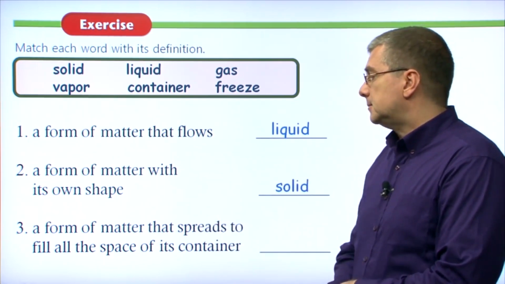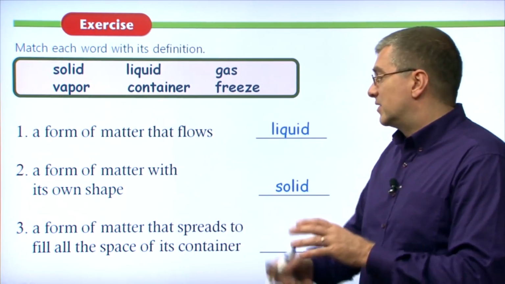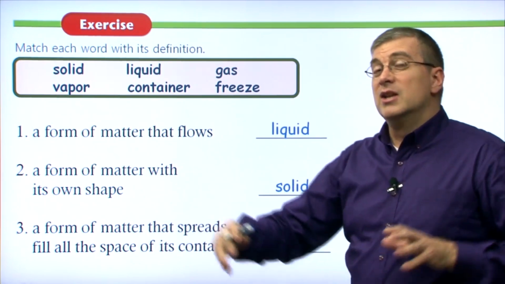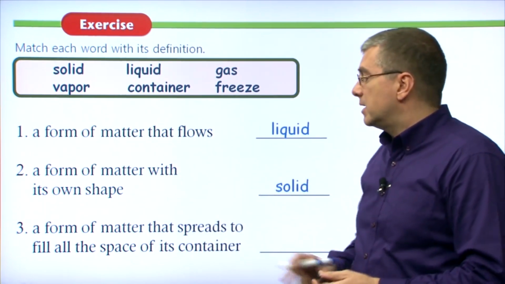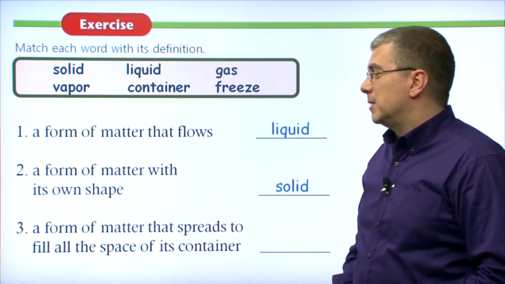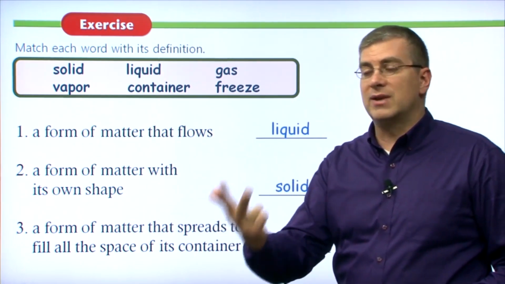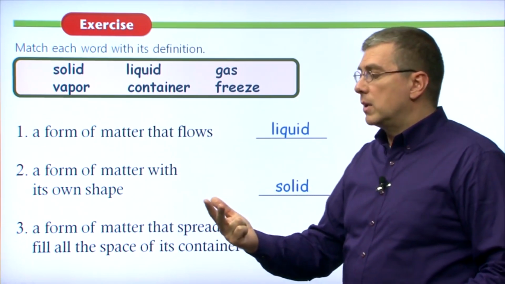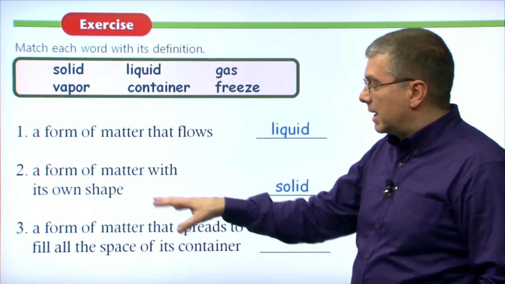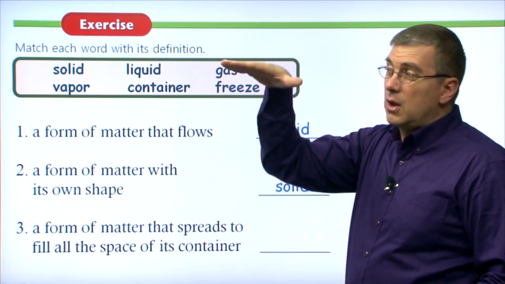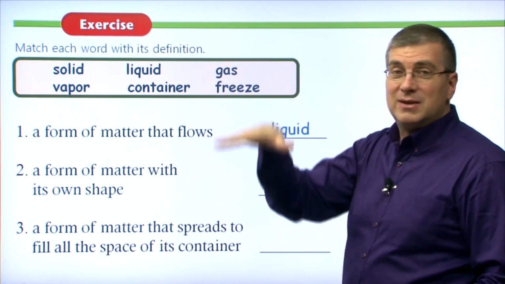Number 3, a form of matter that spreads to fill all the space of its container. Now this is an interesting point between the different forms of matter. We have solid, liquid, and gas. Now if you pour a liquid into a container, it will fill the bottom of the container. But if it doesn't fill all the way up to the top, then that space is empty.